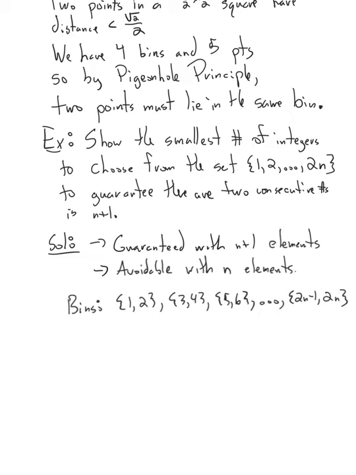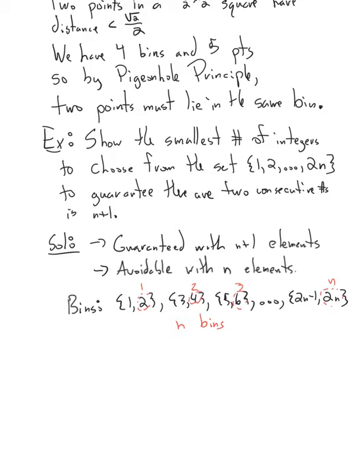And so how many bins do we have? Let's look at that last number. If we divide each of these last numbers by 2, we get 1, 2, 3, all the way up to n. So we have n bins in total.